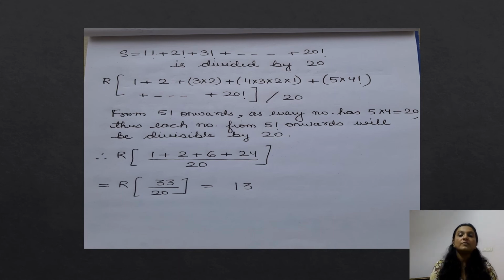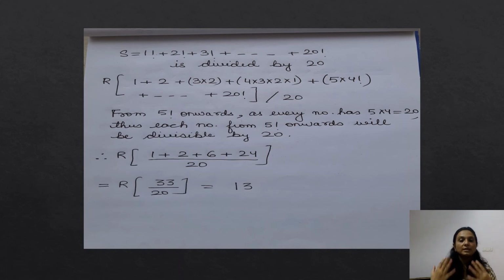Similarly, 6 factorial will also have 5 into 4 factorial. So, you see from 5 factorial onwards, every number has 5 into 4, 20. When every number has 20, those numbers would be divisible by 20.